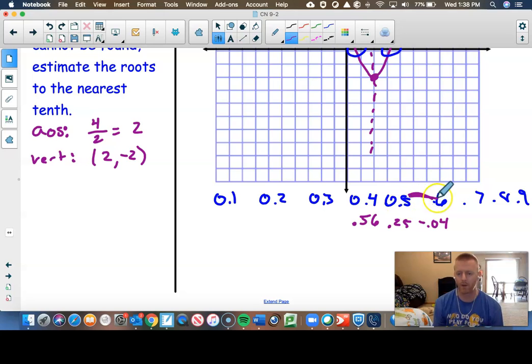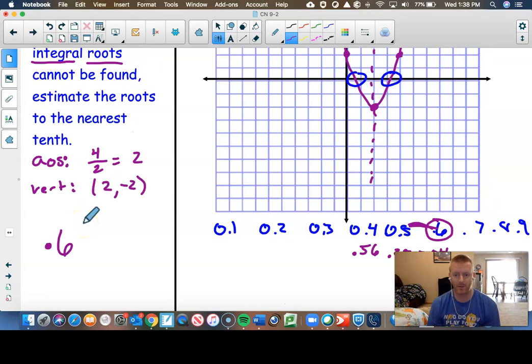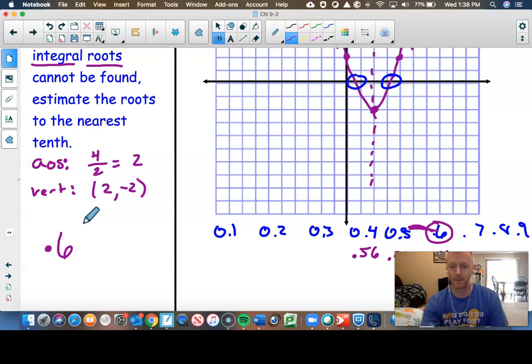It's between 0.5 and 0.6. And you can see that negative 0.04 is closer than 0.25 is to 0. So I'm going to estimate 0.6. So one of my answers is going to be 0.6. Now we could do the exact same thing on the other side by guessing and checking, or we could also do this.